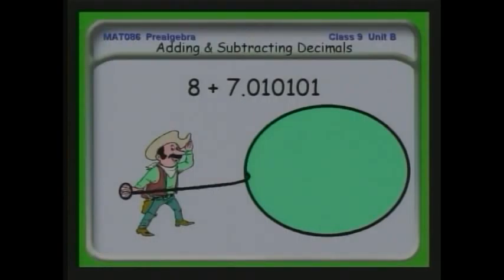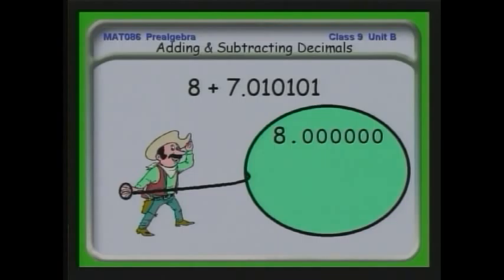Here's another interesting one. 8 plus 7.01010101. Let's try to sort that out. First of all, we see that we have 1, 2, 3, 4, 5, 6 places in that term with the 7. So we put in 6 decimal places in the 8 term.